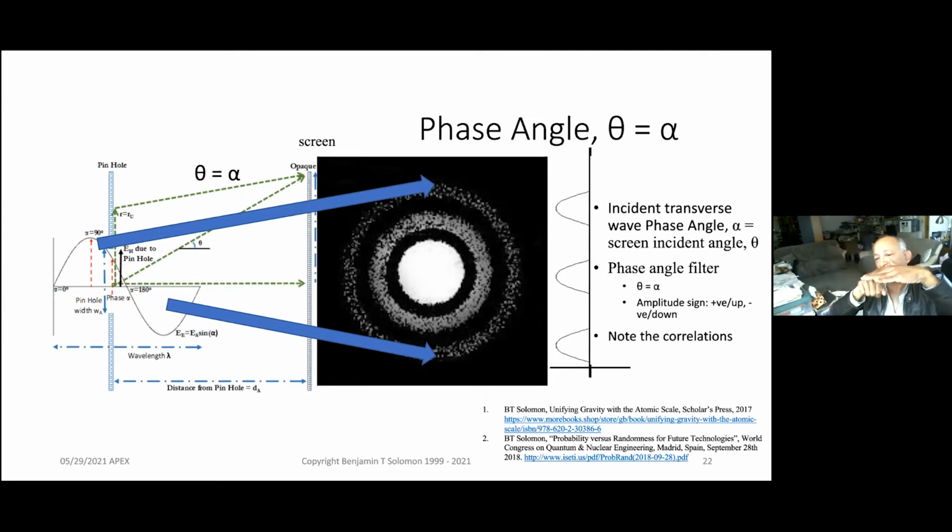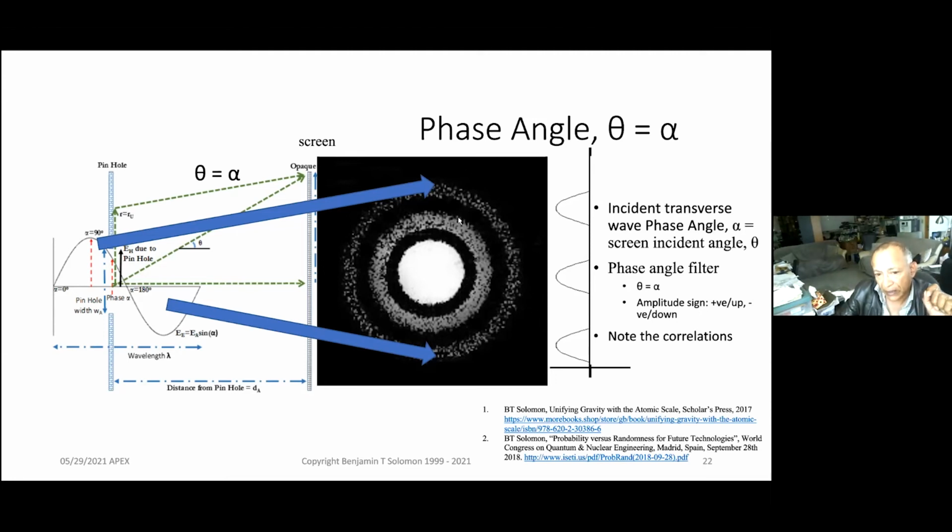If it hits it at a 45-degree phase angle, it would be 45 degrees on the screen. So we can tell what phase angle the photon interacted with the pinhole.